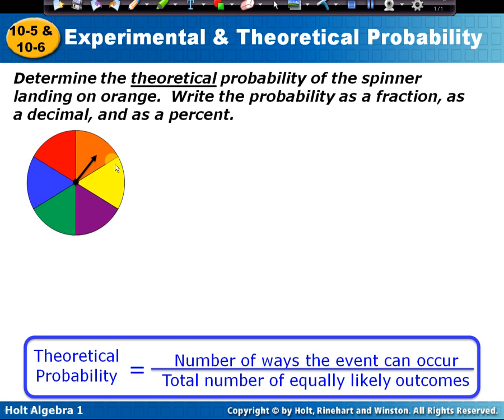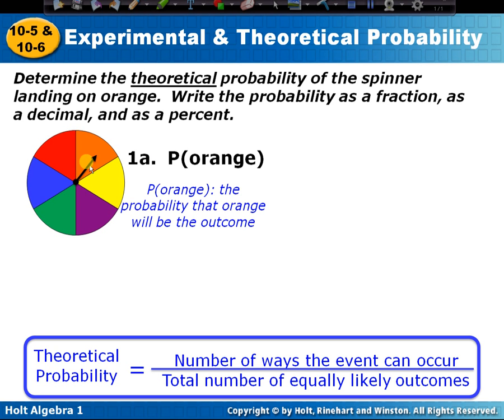You can see here, this is the orange section of the spinner. There are a grand total of 1, 2, 3, 4, 5, 6 sections of this spinner, and only one of those 6 equally sized sections is orange.